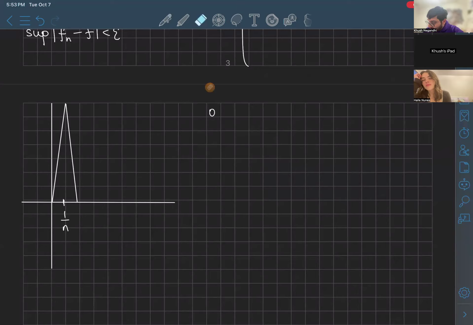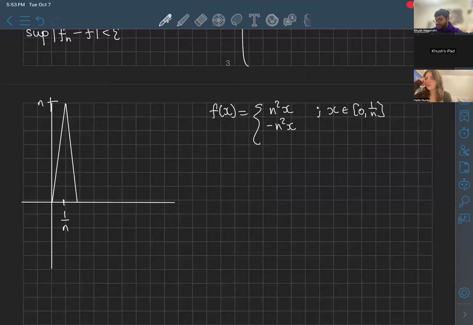So f of x is equal to, this point here is n. Now we have to find the slope of this line, which is n squared. So it's n squared x for x in 0 to 1 over n. Then the next line goes down to 2 over n, and the slope of this line is negative n squared.